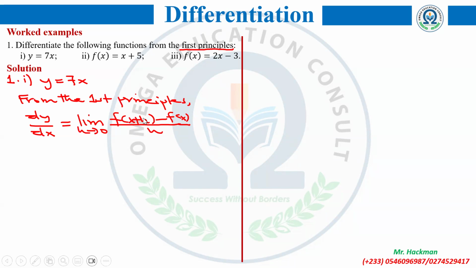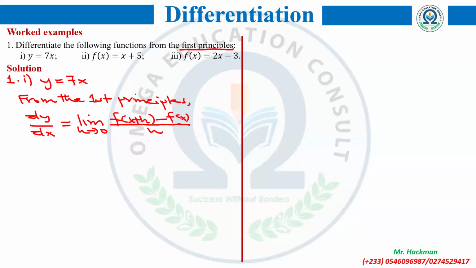If you use a here, then it means this must be a, this also must be a. But the usual one that we quote will be the one involving h. That's what you most often than not see in your various textbooks. Is that clear?